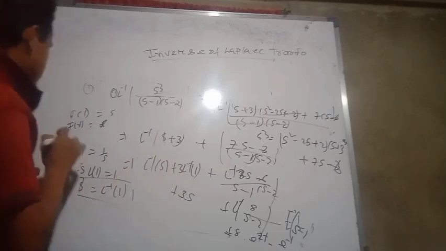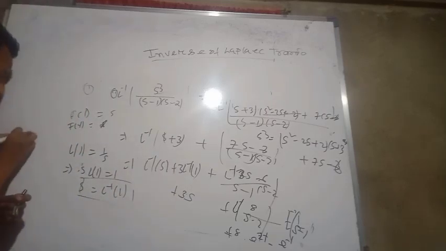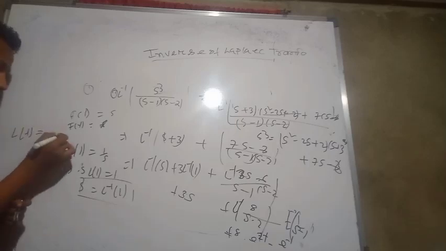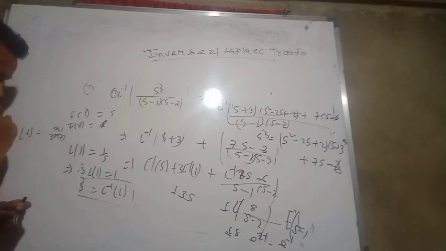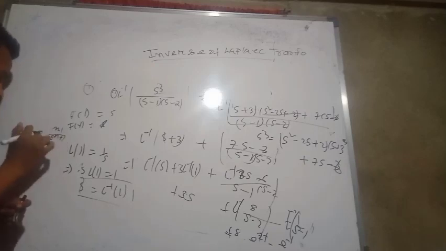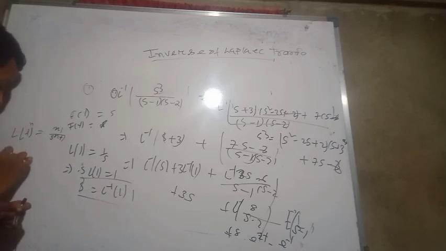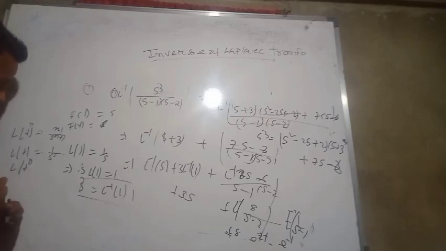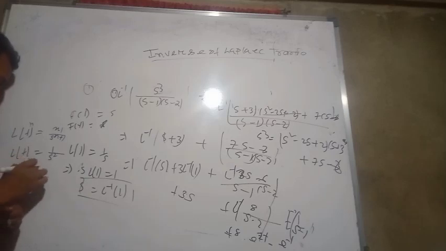Here we know that the Laplace transform of t to the power n is n factorial upon s to the n plus 1. So the Laplace transform of t is 1 upon s square. And the Laplace transform of t to the power 0, zero being an integer, gives us 1 by s.